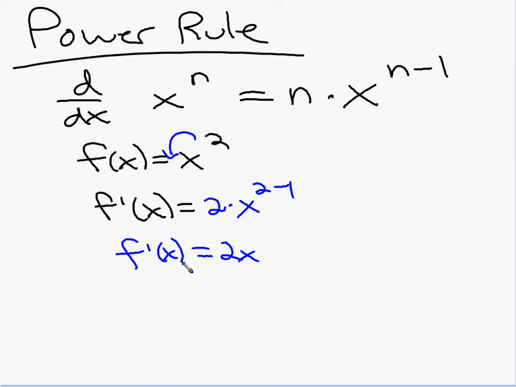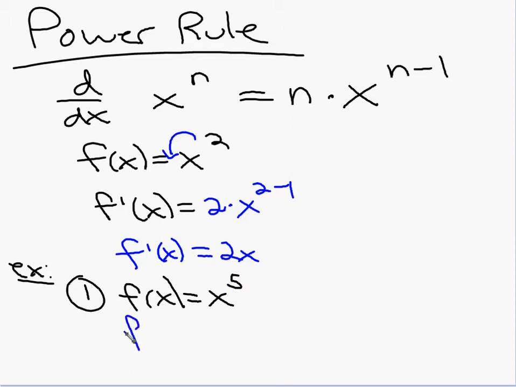So for just a couple quick examples here, if my function was x to the 5th, the general slope function would be 5x to the 4th. You bring the 5 around, take 1 off the power.